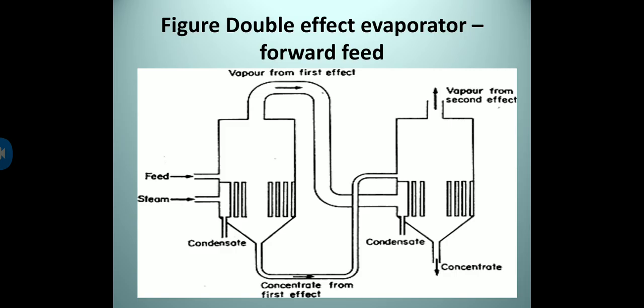You are seeing here the diagram of a multiple effect evaporator. According to this diagram, when multiple effect evaporation works, the plant uses the sensible heat in the condensate to preheat the liquor to be flashed.